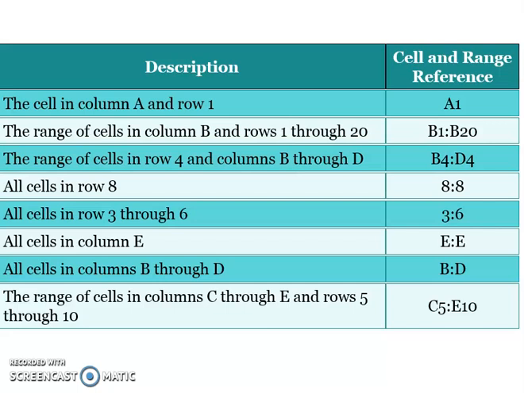A1 means the cell in column A and row 1. B1 to B20 means the cell range in column B from row 1 through row 20. 8 to 8 means cells in row 8. 3 to 6 means cells in row 3 through row 6, continuously. These are your cell references and cell ranges.